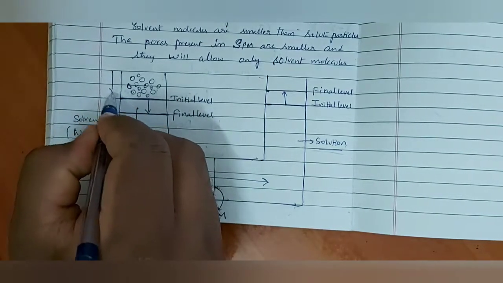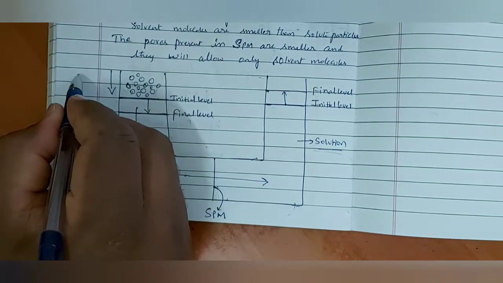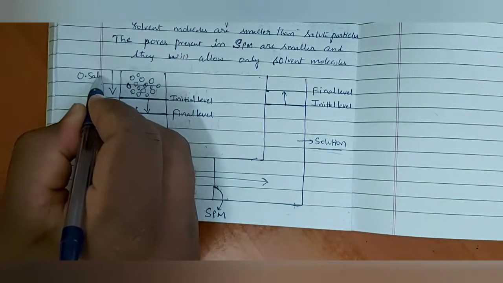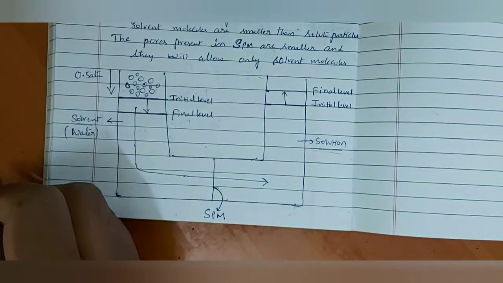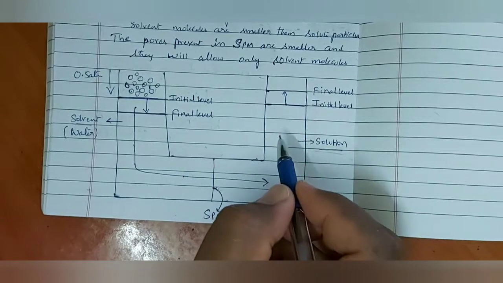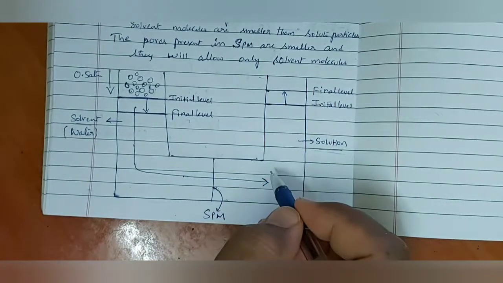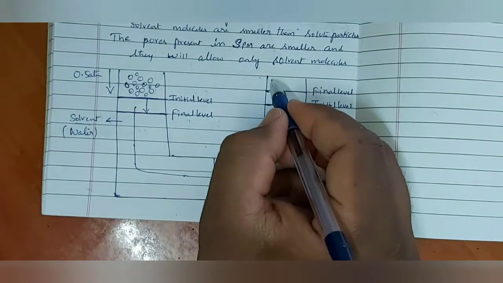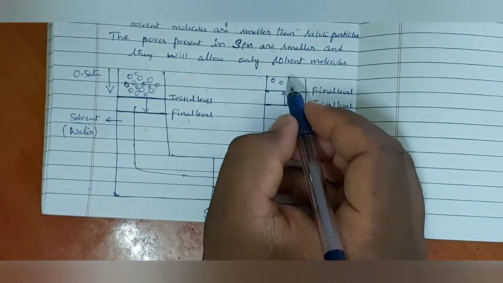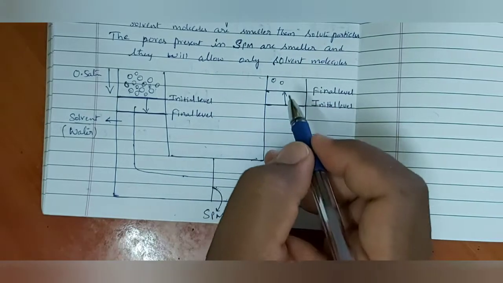They will apply some vapor pressure. Let us consider that vapor pressure to be 0.5 atmosphere, for example only. On the solution side, because of the non-volatile solute, as we already know, the vapor pressure is not because of 15 molecules, definitely less only.